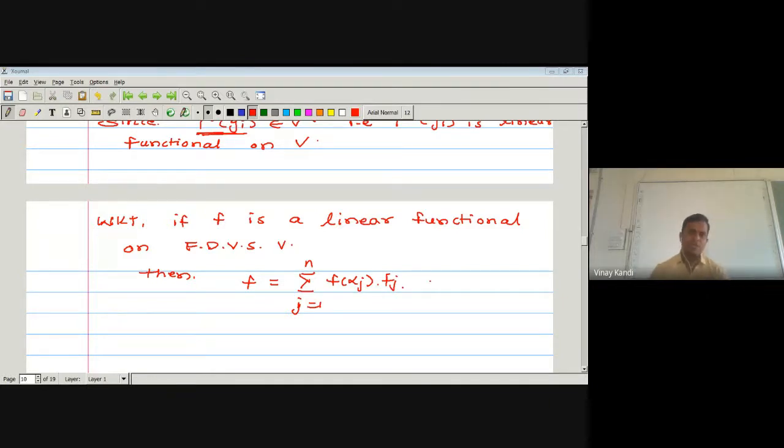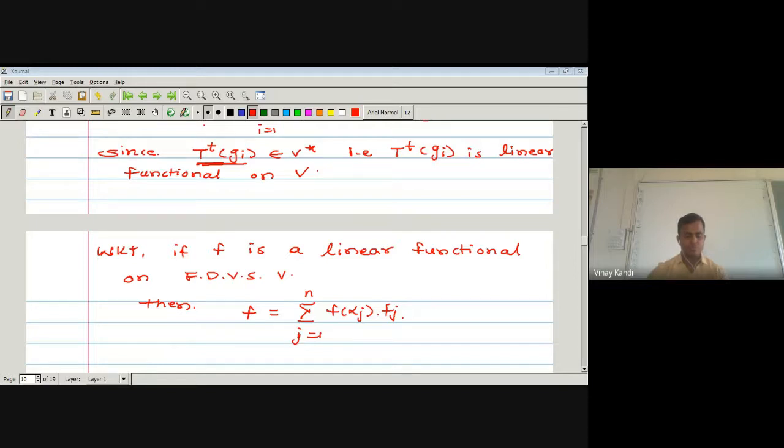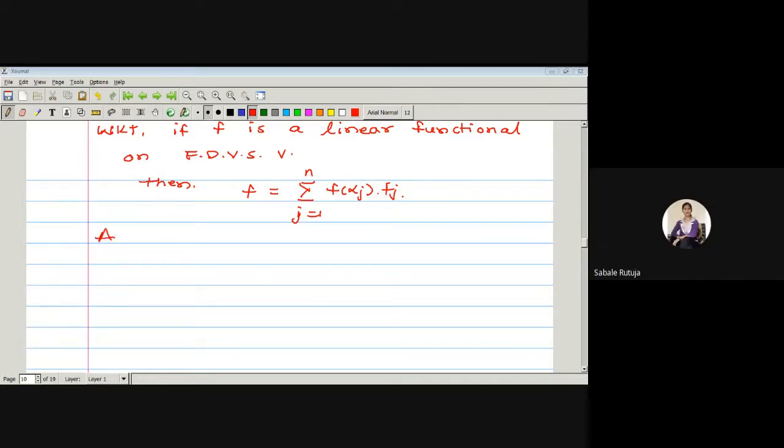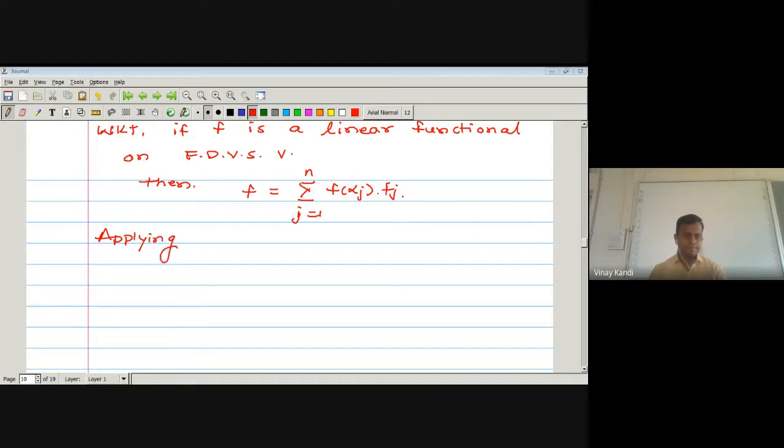We saw this theorem earlier. Do you remember this theorem? Yes, sir. So applying the same theorem for T transpose of Gi.